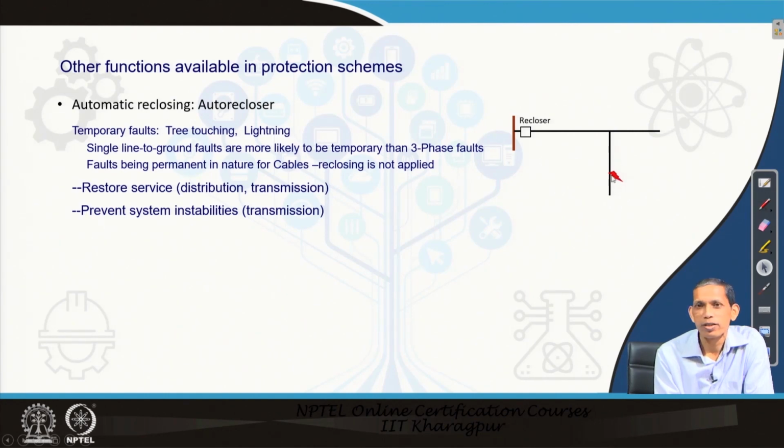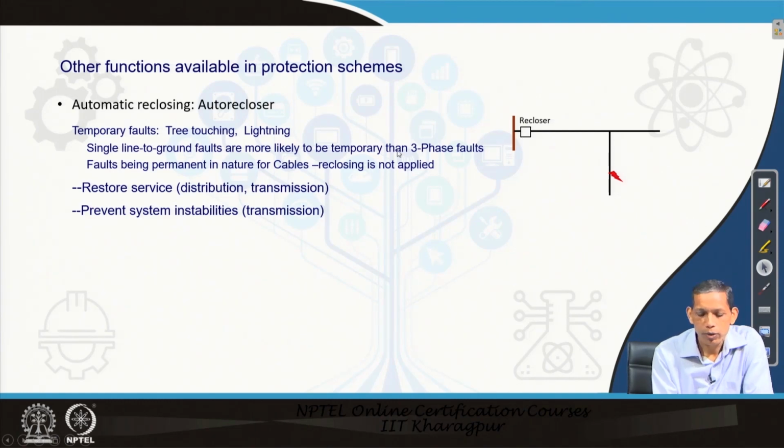Now, if the fault is permanent, then the recloser finally opens the circuit and the whole system can be without supply. The advantage of the recloser is that, because most faults are transitory in nature, restoration becomes automatic in most cases, and it also helps with stability issues.